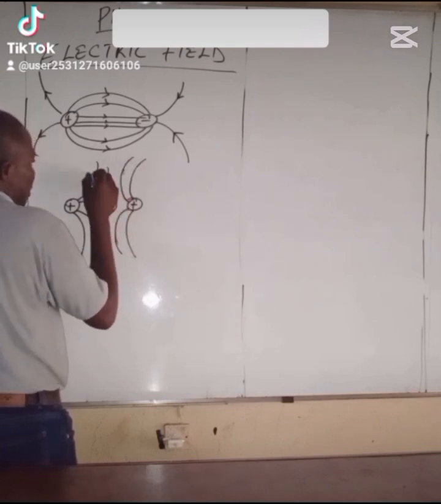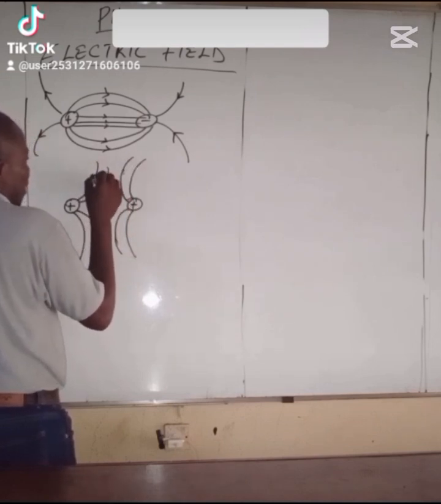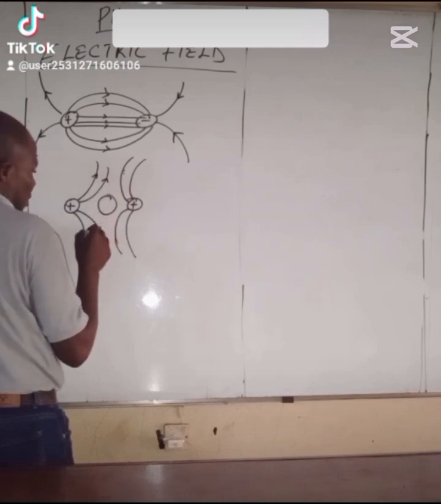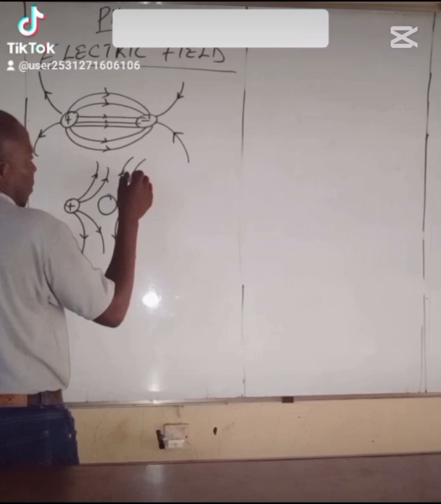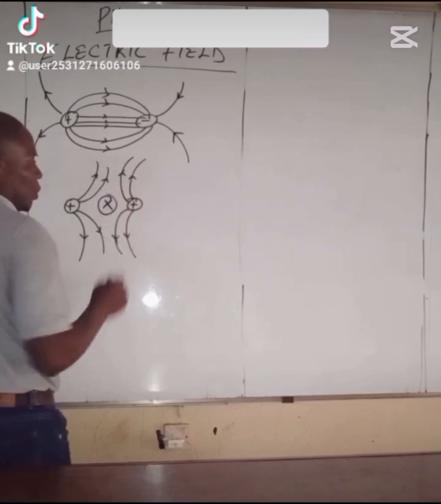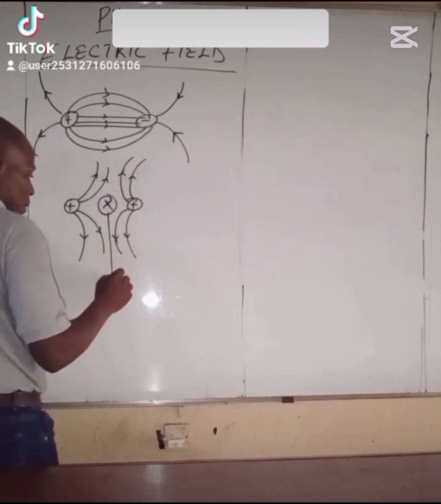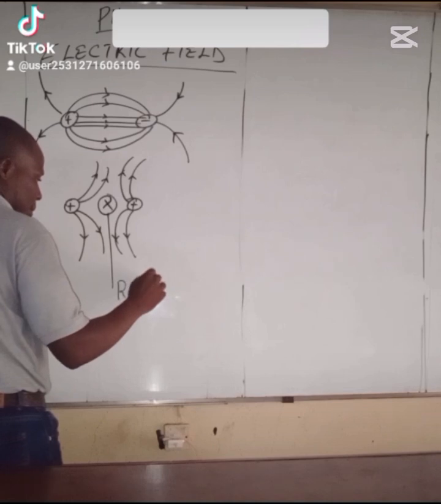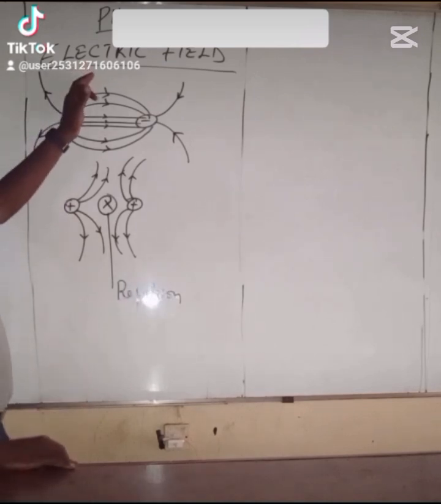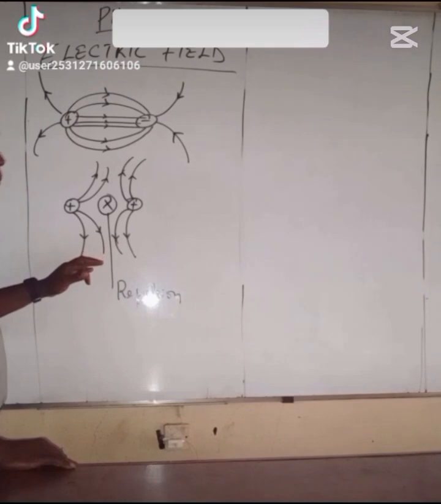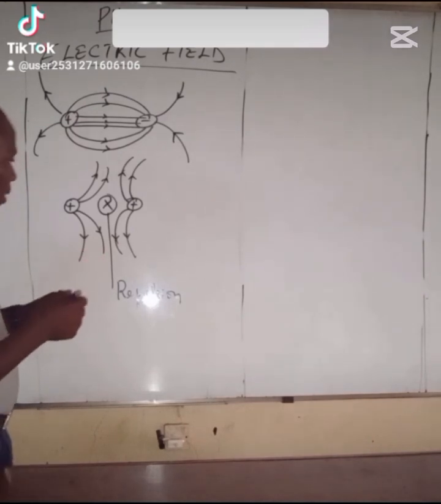At this point, since it is positive, it will be moving outward. This point is called the neutral point. So there is force of repulsion here. There is force of repulsion. Here, force of attraction is taking place. Here, force of repulsion is taking place. Okay? So that is it.